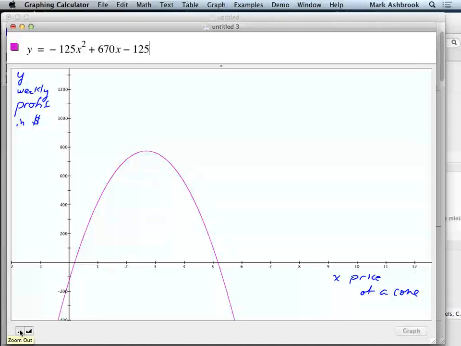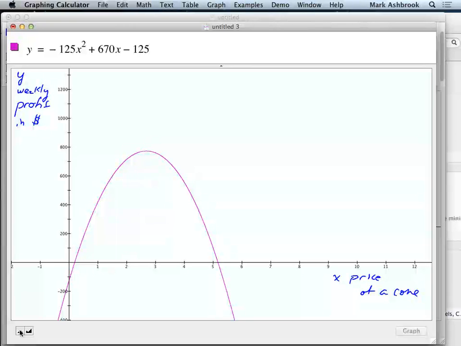Okay, so let's go through the questions here. Determine the maximum weekly profit and the price of an ice cream cone that produces that profit. So see if you can do that. That's a good question. If the cost of the ice cream cone is too low, the ice cream shop will not make a profit. Determine what the ice cream shop needs to charge in order to break even.